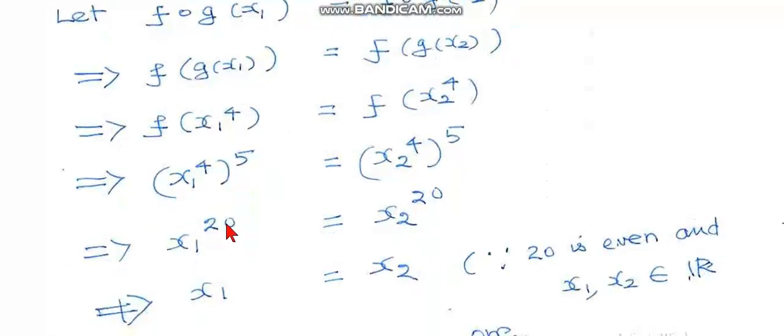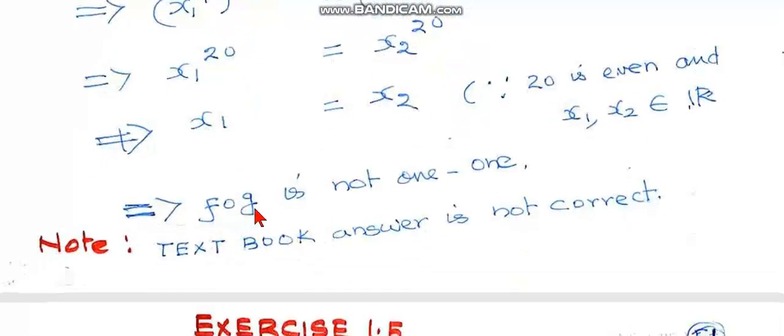That is x1 to the power of 20 equal to x2 to the power of 20. That does not necessarily imply x1 equal to x2, because 20 is an even number and x1 and x2 belong to the set of real numbers. So f dot g is not 1, 1. The textbook answer is not correct.